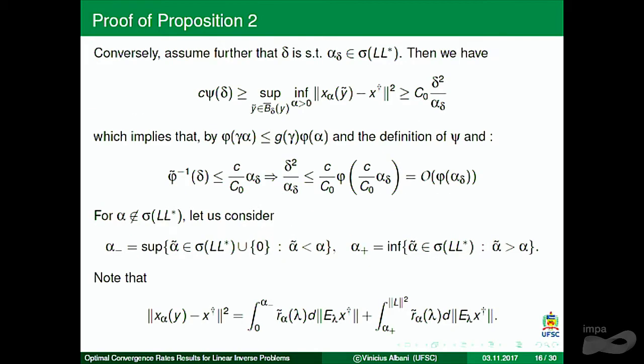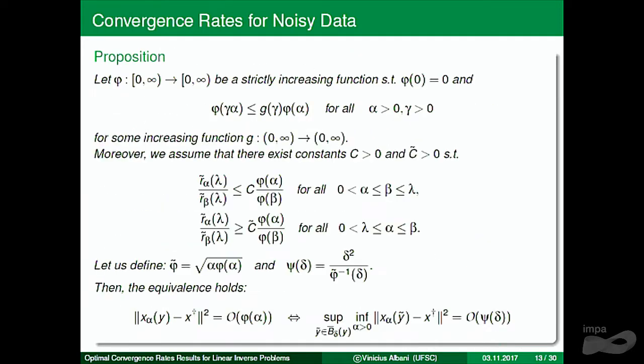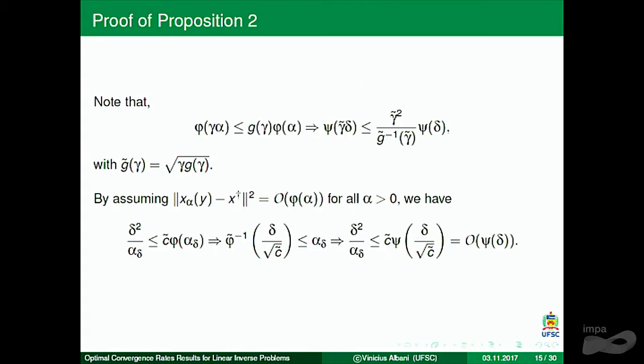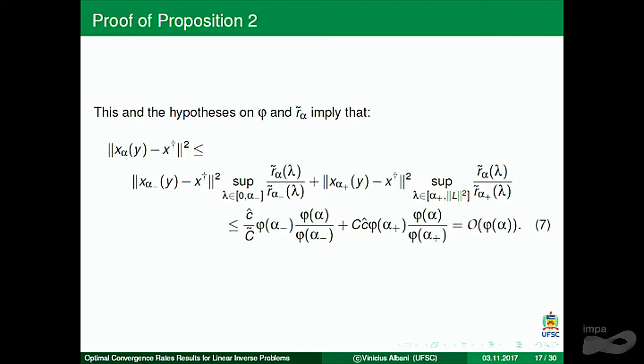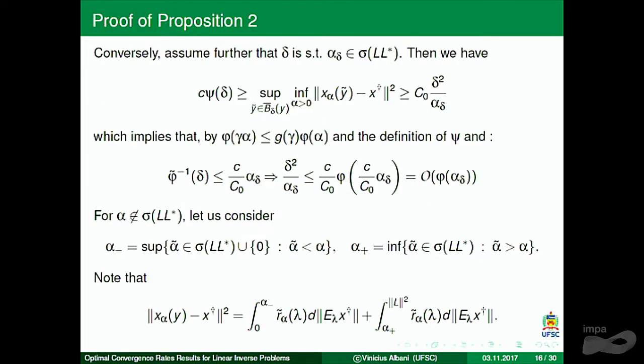So we can prove this, that this here implies this estimate for any alpha in the spectrum of L times L star. To prove it for any alpha, we use this to alpha minus and alpha plus and use this condition.